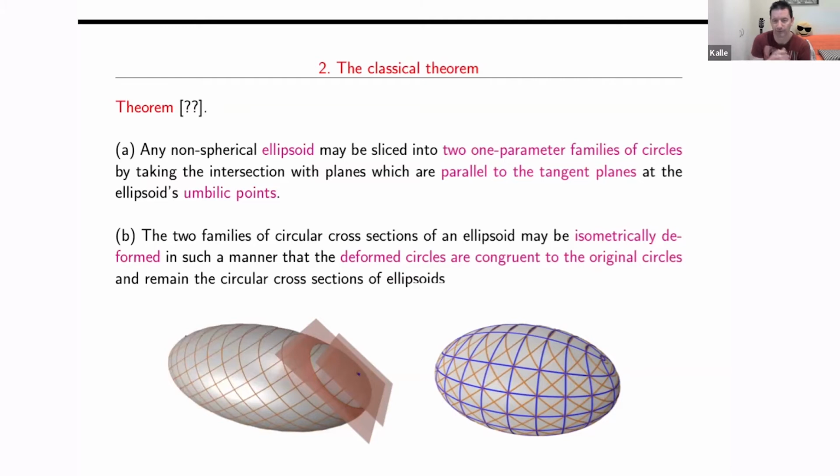So you have these two one-parameter families of parallel planes, and they are parallel to the tangent planes at the umbilic points. So the tangent plane at this umbilic point, of course, is parallel to the tangent plane by symmetry at this point. Okay, so that's the first part here.